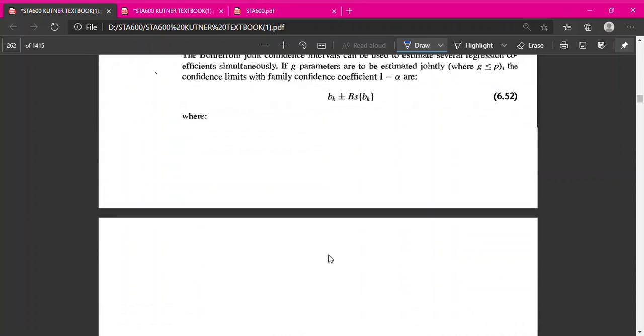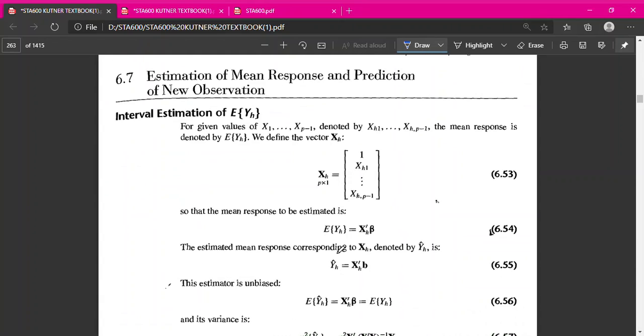Okay, the next one adalah untuk dapatkan confidence interval for the mean response dan juga prediction. Remember? Estimation for the mean response dan juga prediction. So sama je macam sebelum ni. Dalam simple linear regression, the formula is still the same. Cuma sekarang ni kita ada beberapa x sahaja.